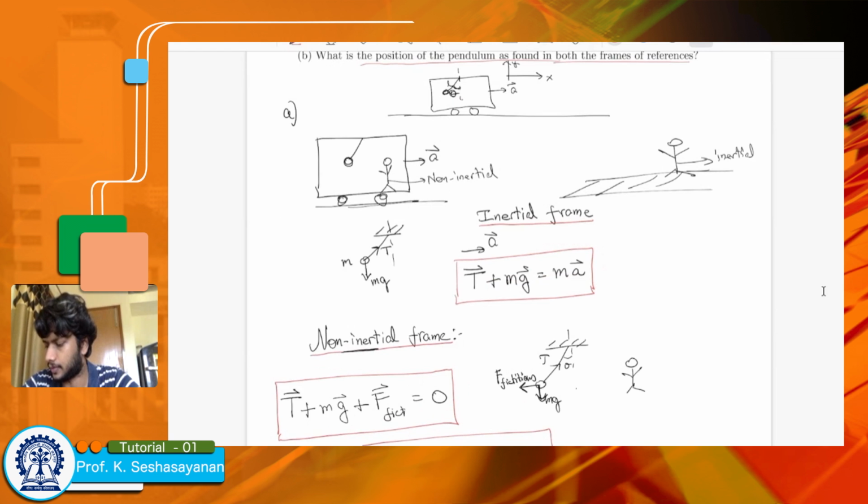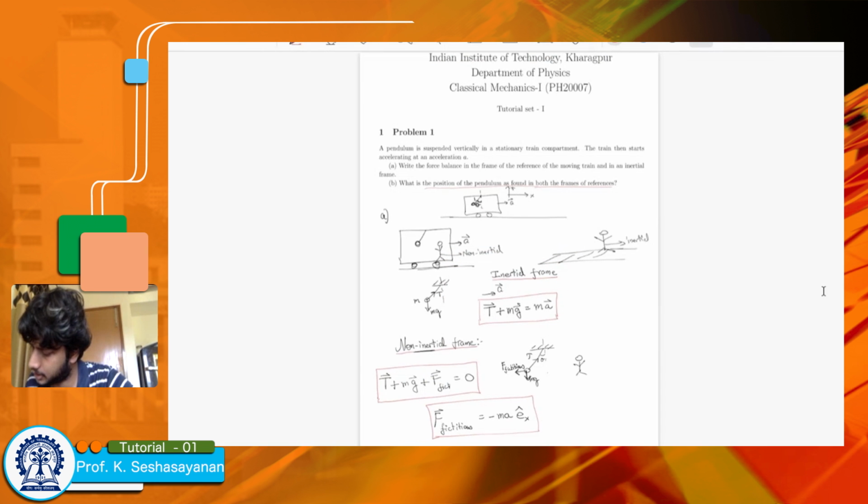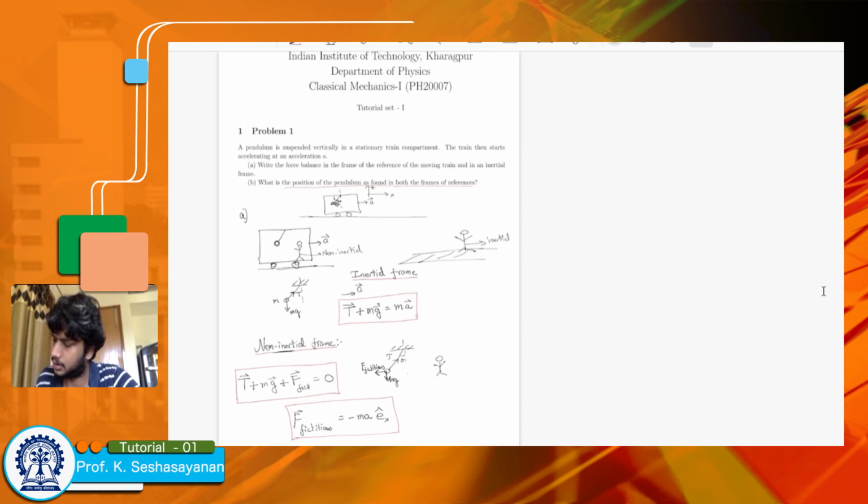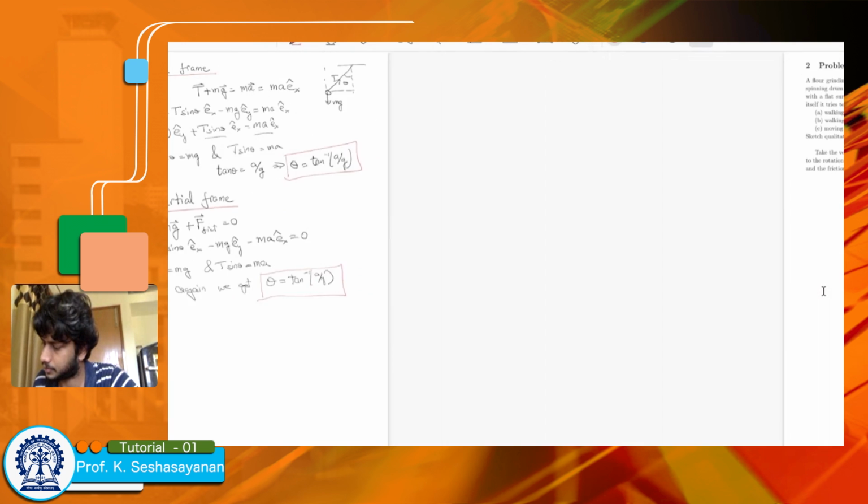Whereas the inertial observer will just write down the force balance as it is without adding any fictitious force, and will say that the net force on the object is non-zero, and this is what gives the object acceleration. So that brings us to the end of the first problem. So now we'll go to the second problem.